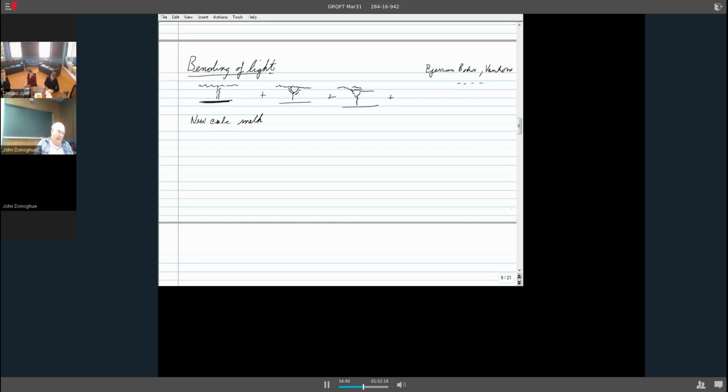You can have gravitons here, so those double lines are the gravitons. But there's also things where the photon comes down and the graviton goes across that way. There's a lot of these.